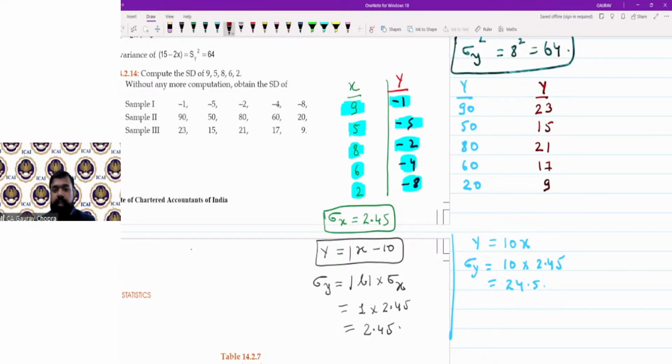Not that easy, but yes, you can find the equation. You have to find the connection between x and this y. 9 and 23, 5 and 15, 8 and 21, and so on. So what is the connection?